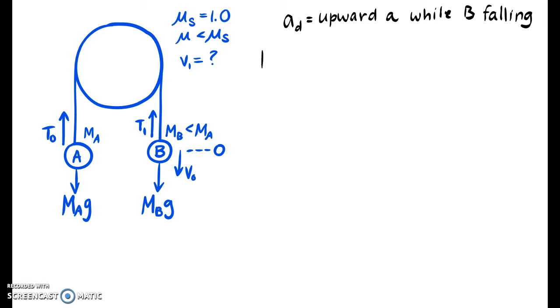So for object A, we have ma times ad is going to equal, and in this case for A, you can think of it as object A is also given an initial velocity of v0, so it's going to also move upwards.